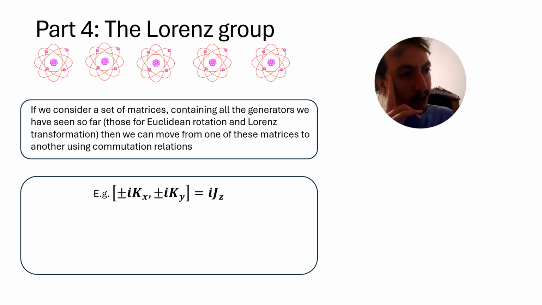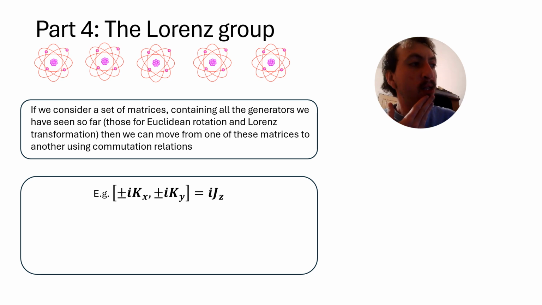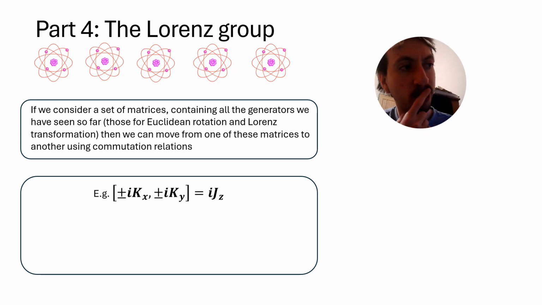We don't quite have that, however, for generators of Lorenz transformations. And for generators of Lorenz transformations, this is not closed, because if we take the commutator, we get something that is not a Lorenz transformation generator. It's a Euclidean rotation generator.